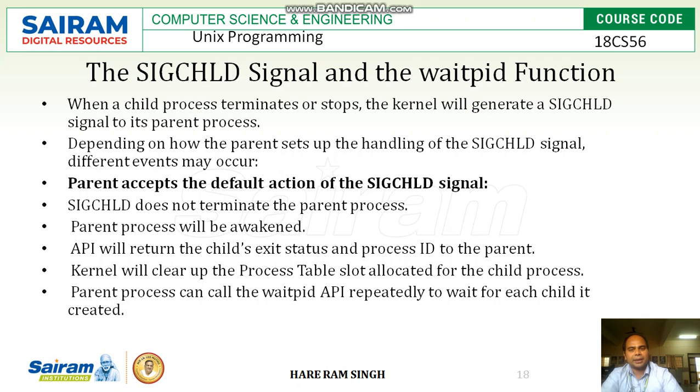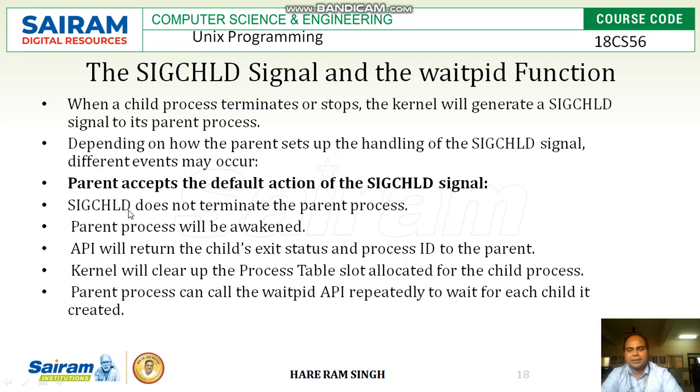The parent process can do the default action for the SIGCHLD signal, ignore it, or invoke the signal handler function. Under these conditions, we are going to study in each case what events will occur.